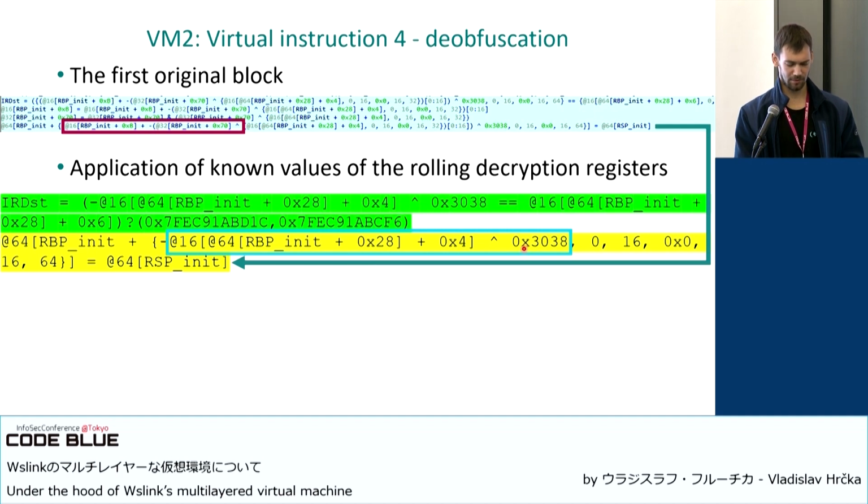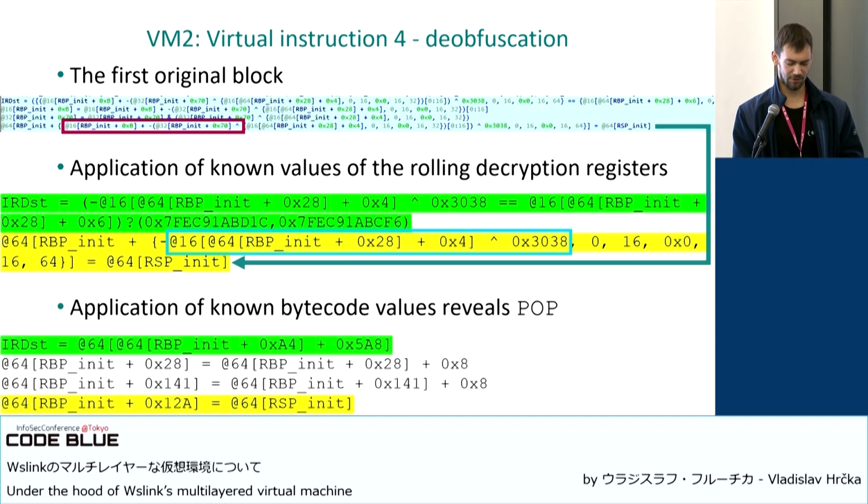Again, this complicated expression can be simplified because we have access to the bytecode. So we decided to make values that are relative to the virtual program counter, or bytecode pointer, concrete, and if we apply the engine on it, we can further simplify it.